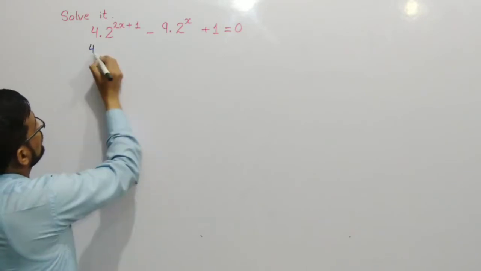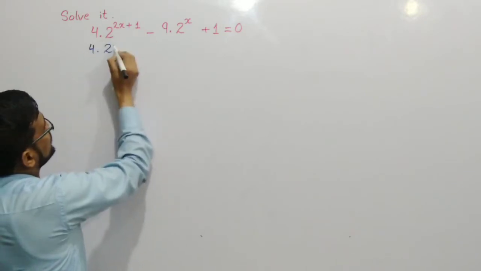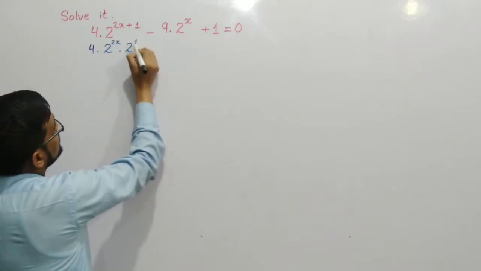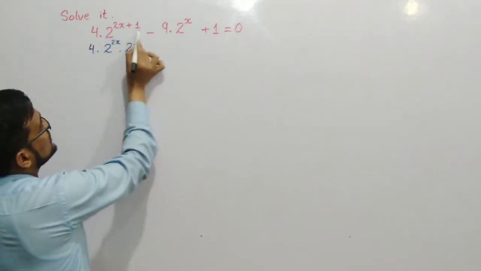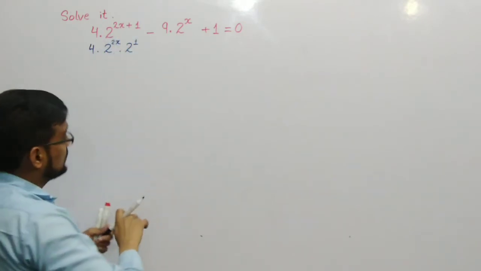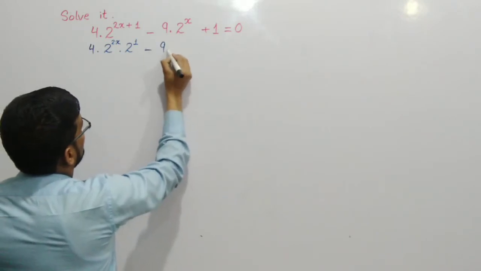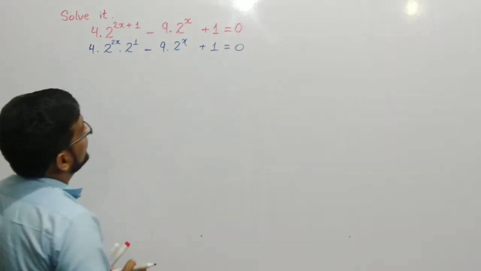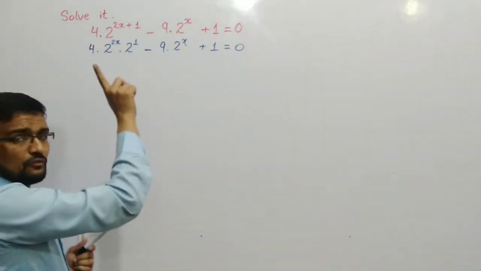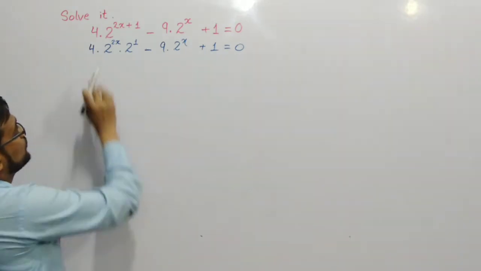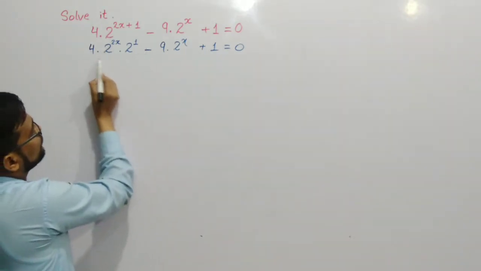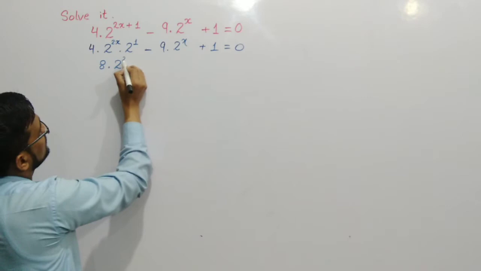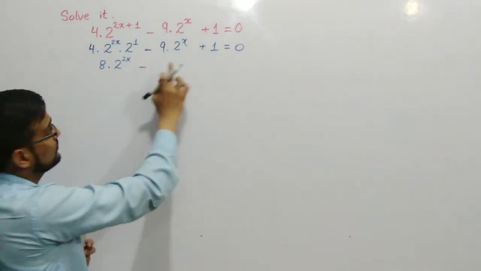So firstly, 2 raised to power 2x plus 1, according to the law of exponents, simply separate these powers with the same base. 2 raised to power 1 and this 4, both are multiplied with each other. 4 multiplied by 2 becomes 8, and 2 raised to power 2x remains the same, and 9.